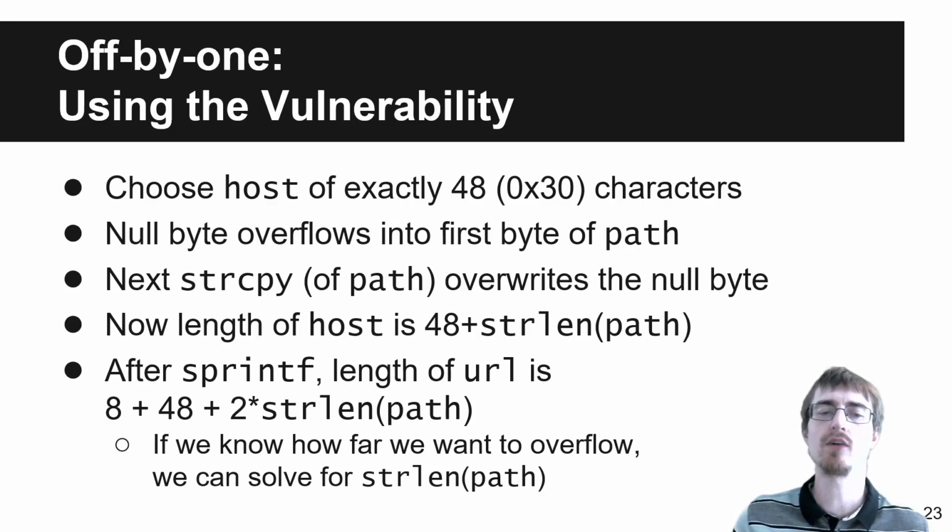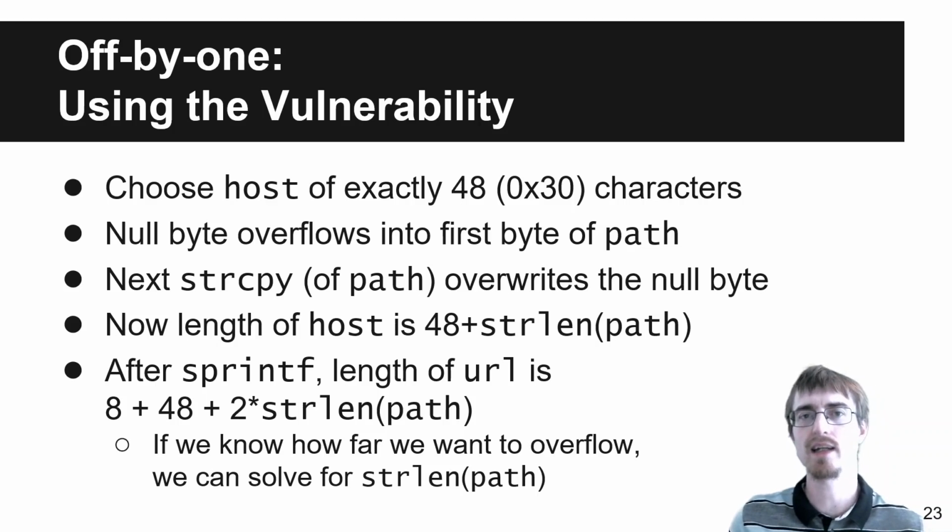So if we know how far to overflow to get to the return address, we can attack this by simply computing the right number. On the previous slide we already saw this. So what we now basically need to do is plug in the number of bytes that we want in the formula and then just solve the formula.